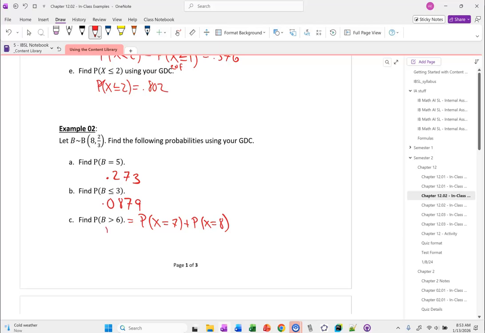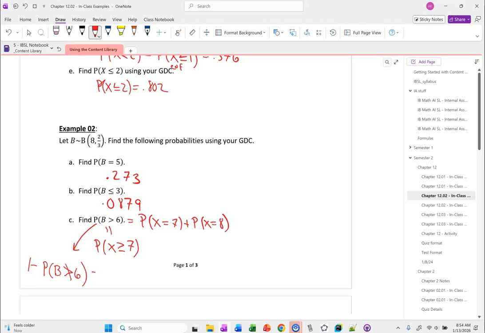Or, greater than 6 means greater than or equal to 7, right? But that's not a CDF, because it's not less than or equal to. Or you can do 1 minus the probability that X is not greater than 6.